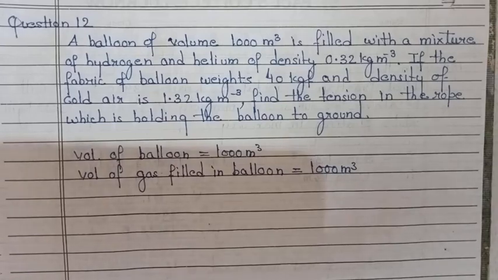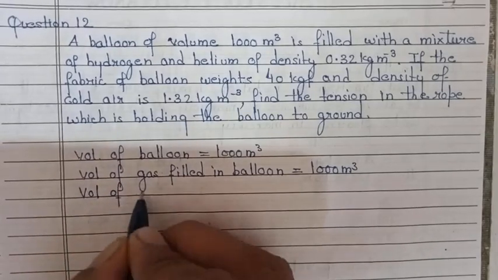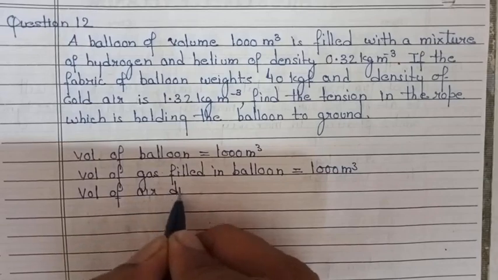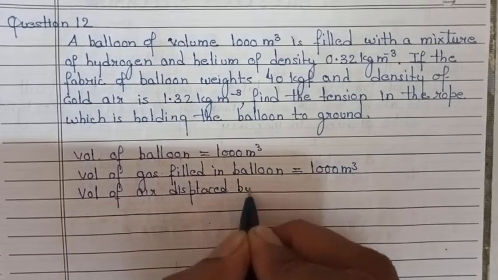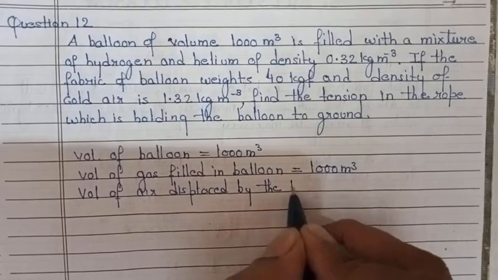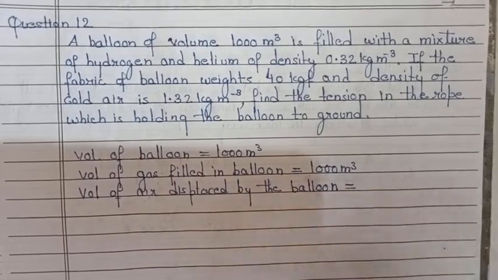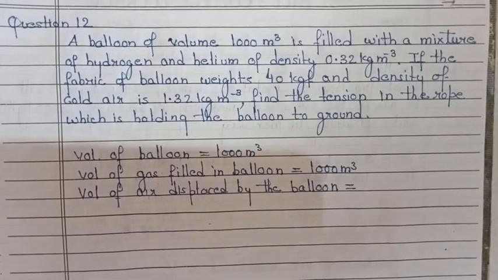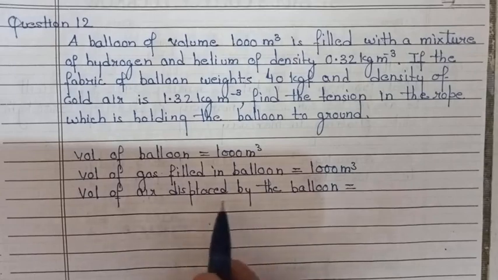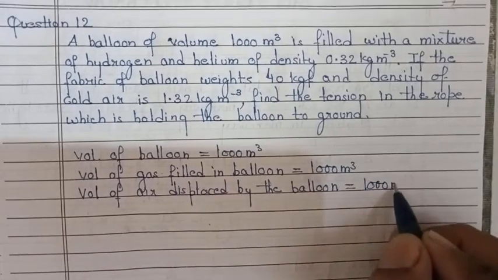Now this balloon is kept in air, so when the balloon is kept in air, it is going to displace an equal volume of air. So the volume of air displaced by the balloon, as the size of the balloon is 1000 cubic meter, will be 1000.